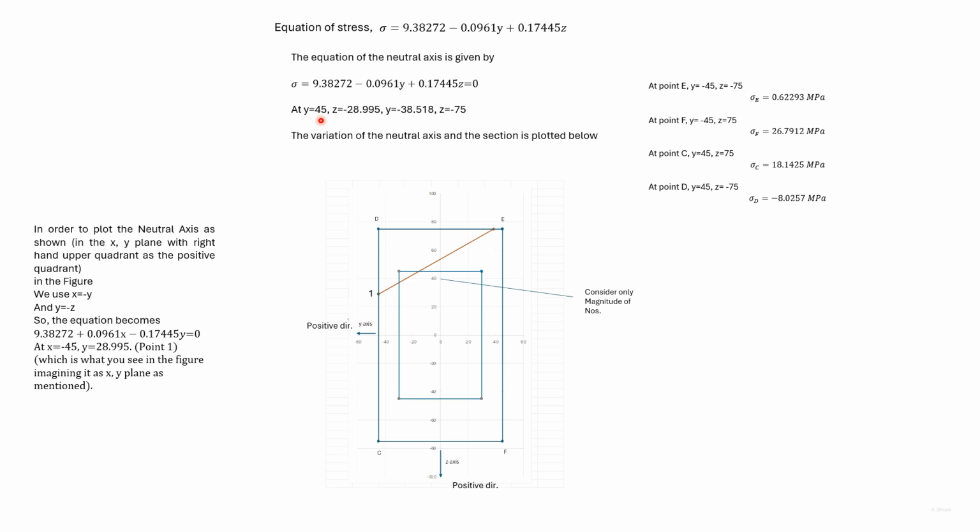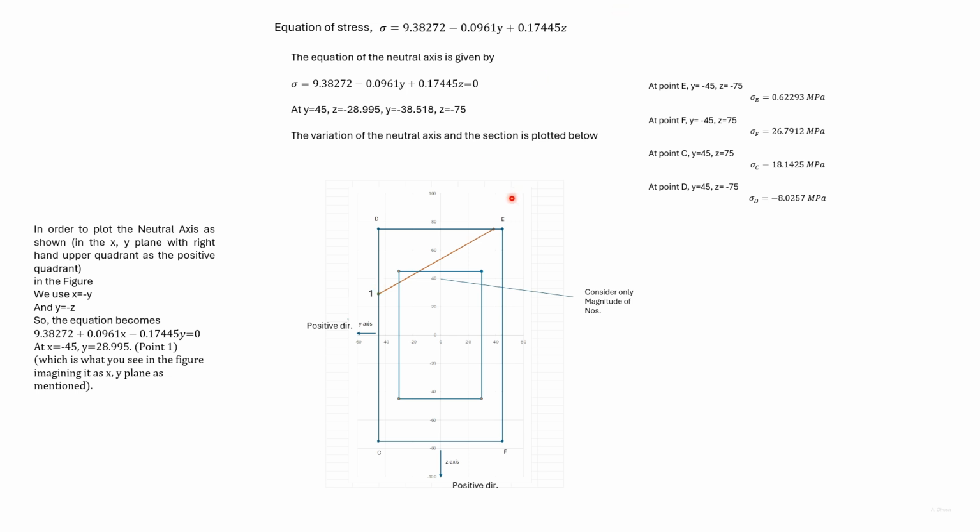At y is equal to 45, we get z is equal to minus 29, which we have plotted here. At z is equal to minus 75, we get y is equal to minus 38.52, which we have plotted here. We have joined these 2 points by a straight line which represents the neutral axis.